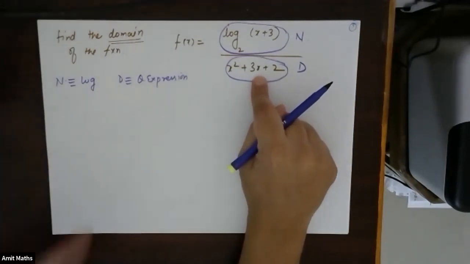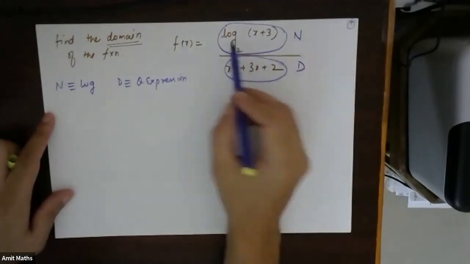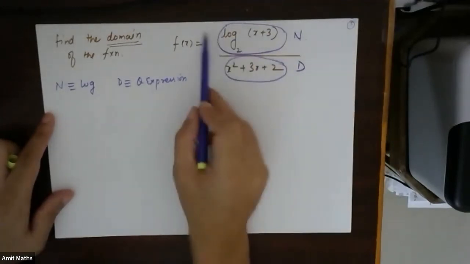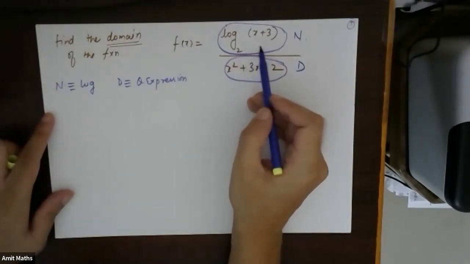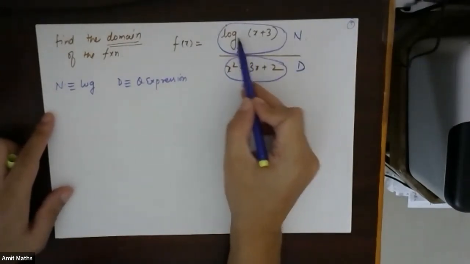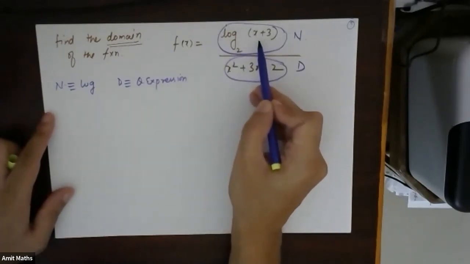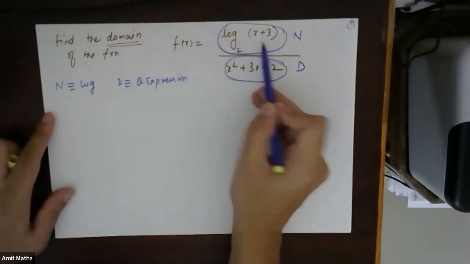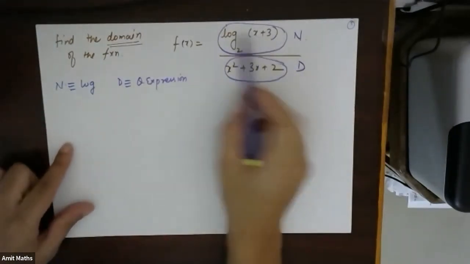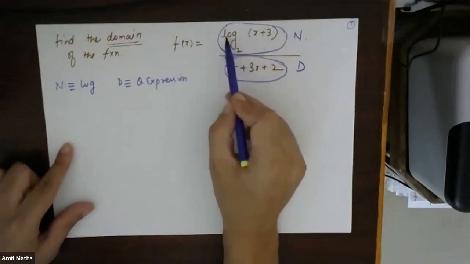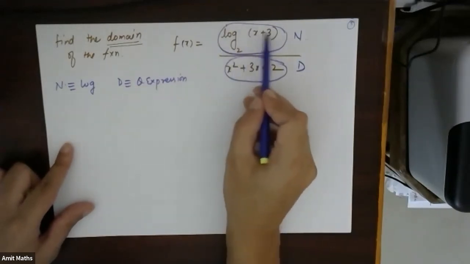So how to find the domain of this? See, suppose I take some values of x, and log rejects those values. For example, suppose I take the value of x as -5. Forget about the denominator. If I substitute in this, it will become log of -2 base 2.